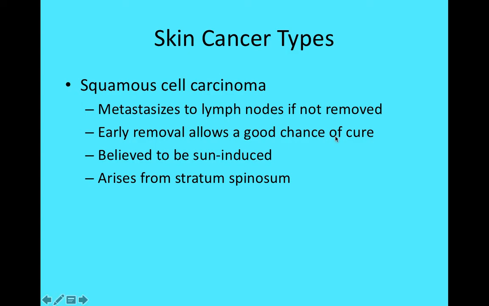My mother had this kind of squamous cell carcinoma, and as long as they take it out, and they will take it out, they'll scoop it out, they will take out a lot of tissue around it, as long as they do it early after detection, then it is fairly well treated. But if you don't treat it right away, it will metastasize to lymph nodes, and then you're getting into a whole other ball game.